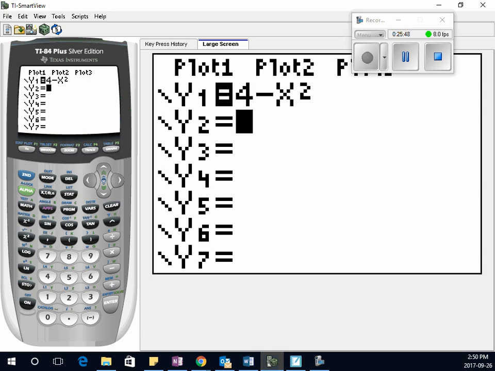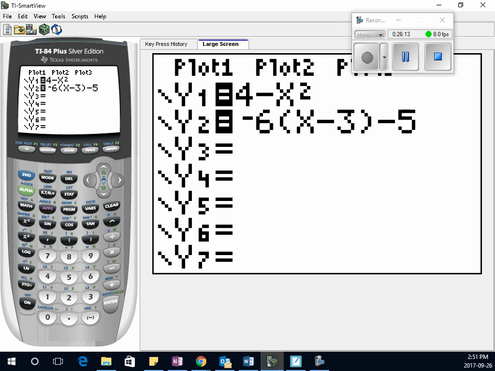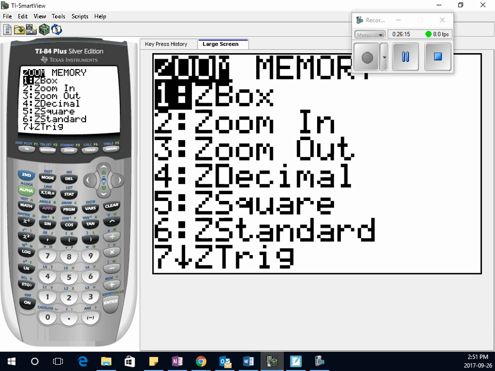Does everybody understand that? So I am going to put negative 6, and by the way, you have to use the negative here, not a subtraction, for negative. So it's going to be negative 6 bracket x subtract 3, yes? And then because I'm moving the 5 over to the other side, it's subtract 5. Okay, and so then we're going to go zoom 6.